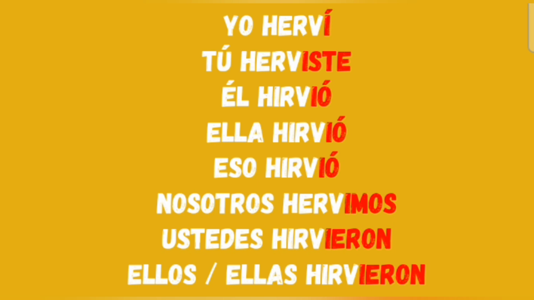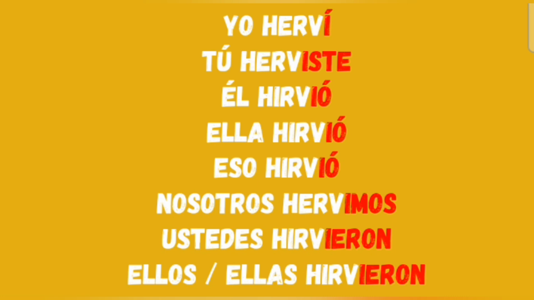Now, if you want to say you boiled in the plural form, then you have to say ustedes hirvieron, okay? You boiled, ustedes hirvieron, okay? And check the root word, it's exactly the same as in the third persons. Ustedes hirvieron.